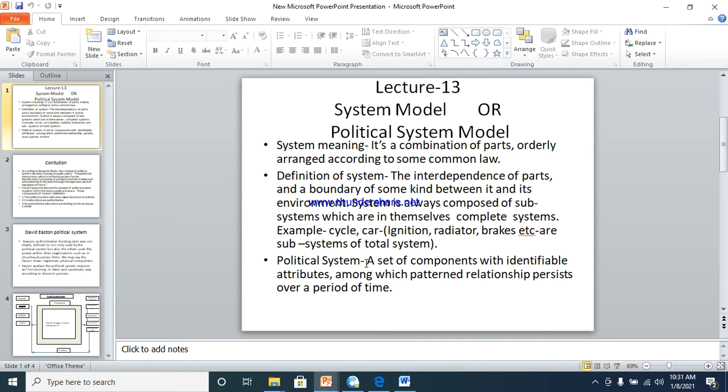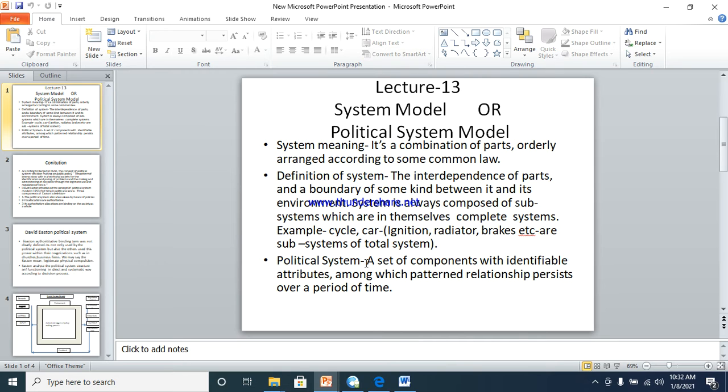These are different subsystems which work as complete systems, but they are part of the main system, or the subsystems of the total system.